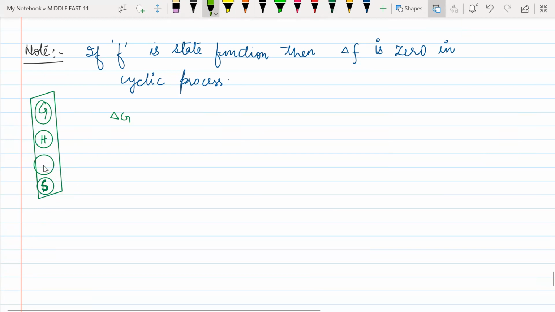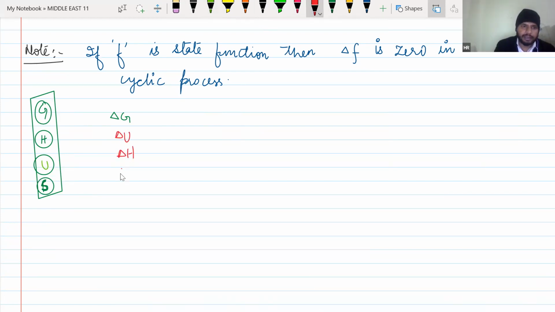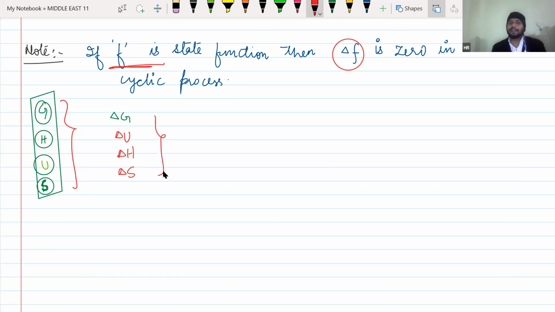These all are state functions. So change in these, like delta G, delta U, delta H, delta S. What I wrote here is if F is a state function, then the value of delta F in a cyclic process, wherever a question is asked about the change in a cyclic process, will be zero always.